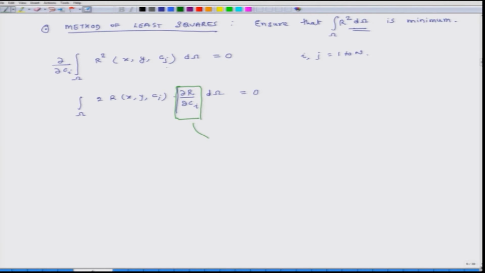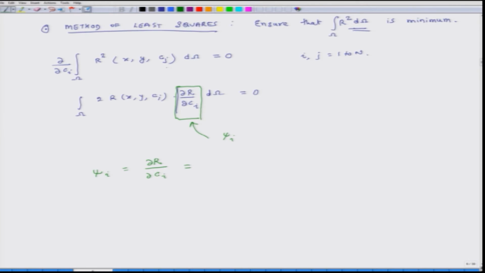I can call this psi I. So, in the method of least squares, the choice of psi I is the partial of this residue R with respect to Ci.